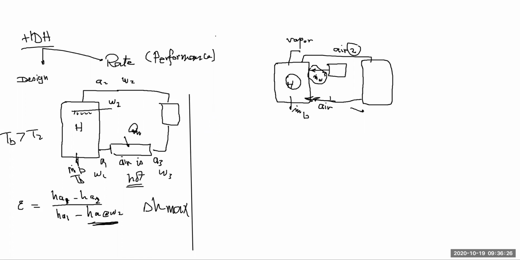So now let's consider the dehumidifier. It is receiving air at 2, returning air at 1, and then this is water coming in as water 1, leaving as water 2, and this is water 3, and there is distillate which is leaving here.